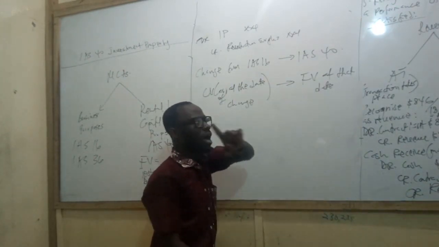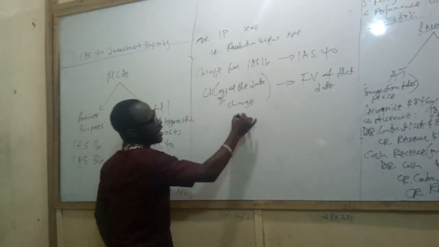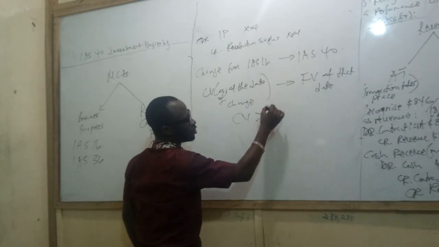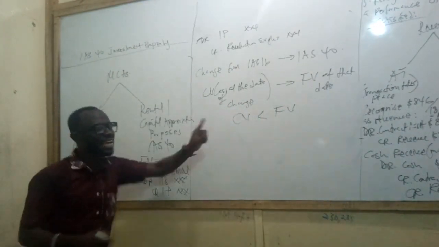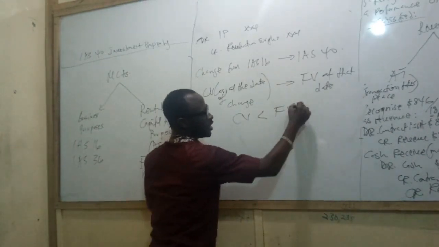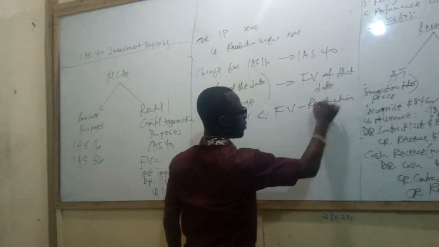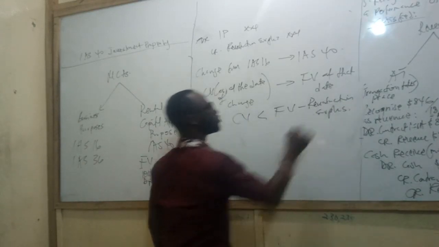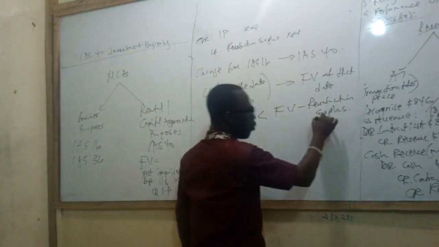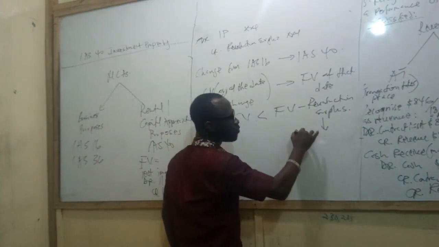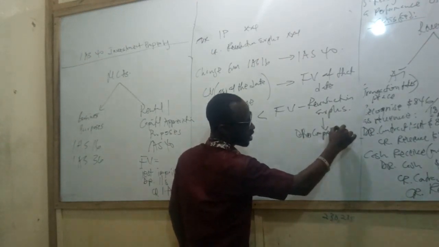One, you may see an upward valuation, meaning the carrying value being less than the fair value. In this case, this difference is going to create what we call a revaluation surplus or revaluation gain. And this revaluation gain will go into other comprehensive income.